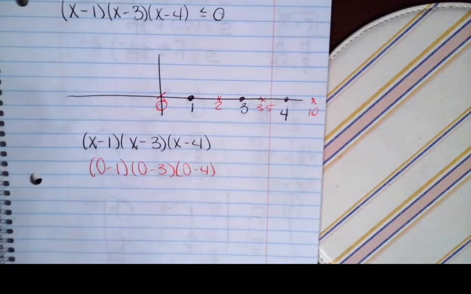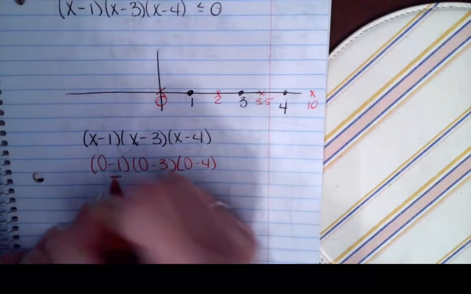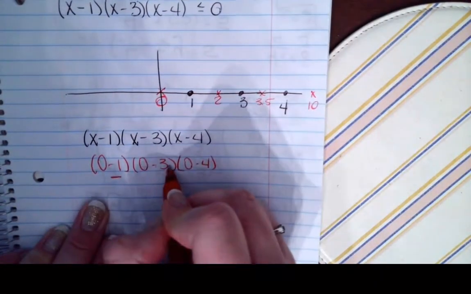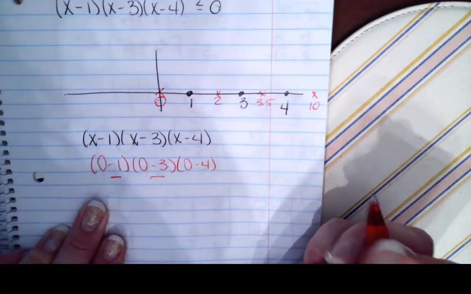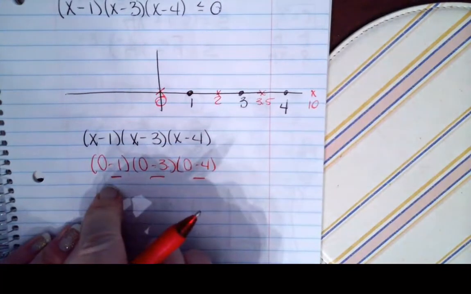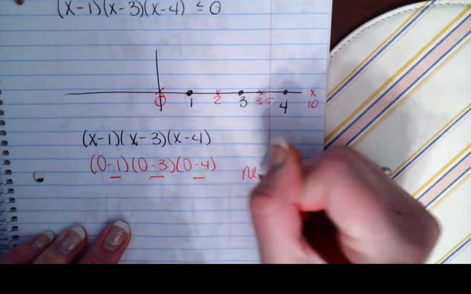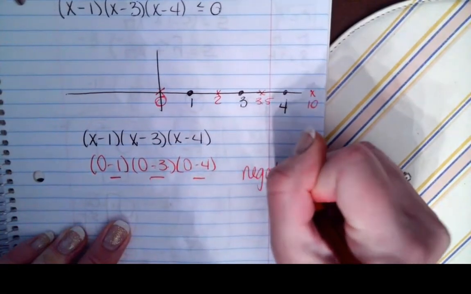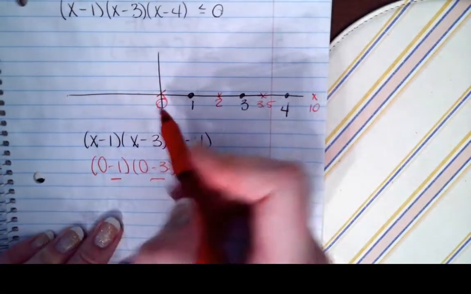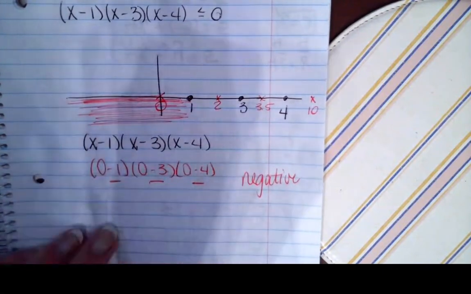I care about the sign that pops out. So 0 minus 1 is negative. 0 minus 3 is negative. 0 minus 4 is negative, and a negative times a negative times a negative is negative. So this interval over here is going to be below the x-axis.